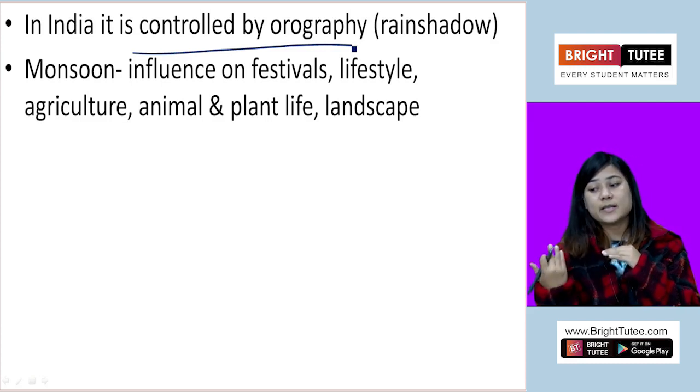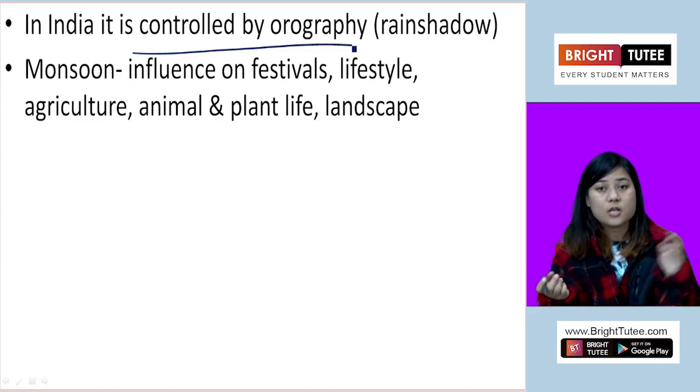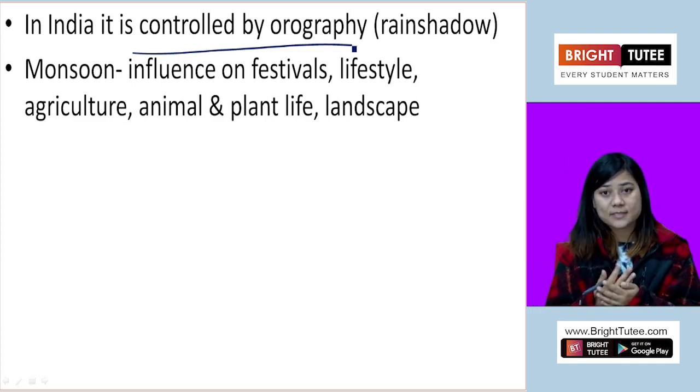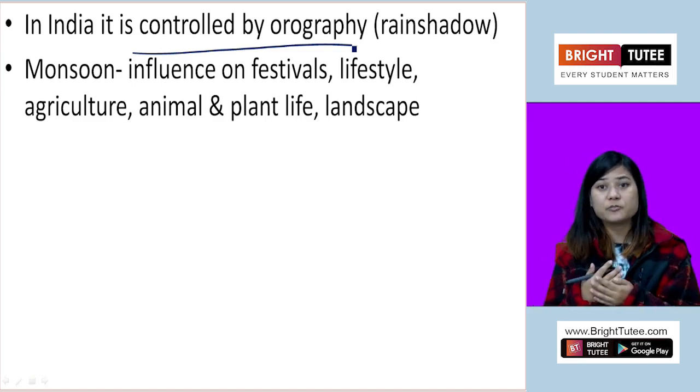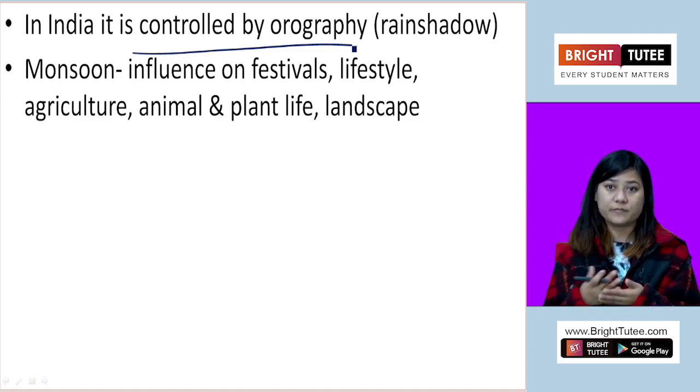The other side, called the rain shadow area, does not receive the rainfall. So the rainfall pattern and distribution in India is influenced by the geography, by the landscape.